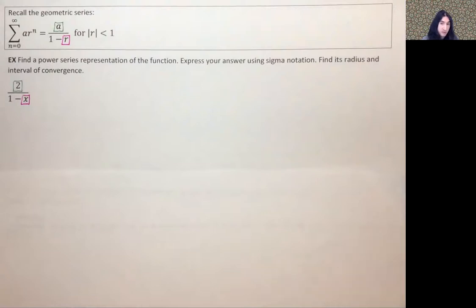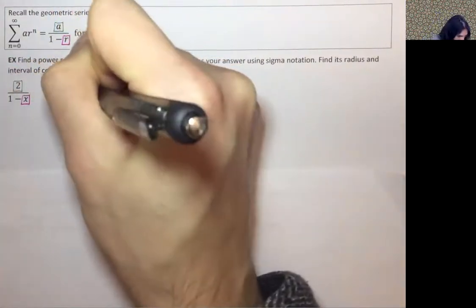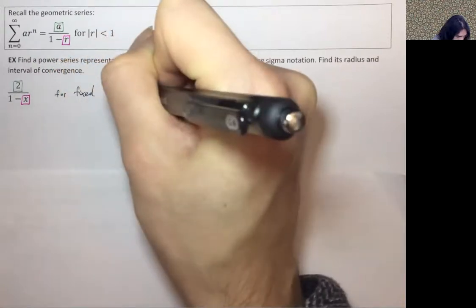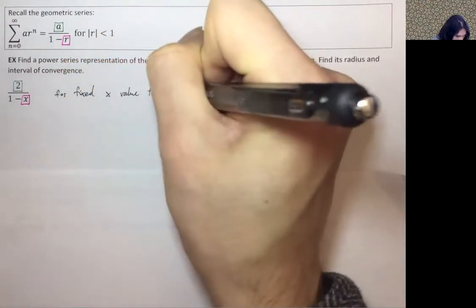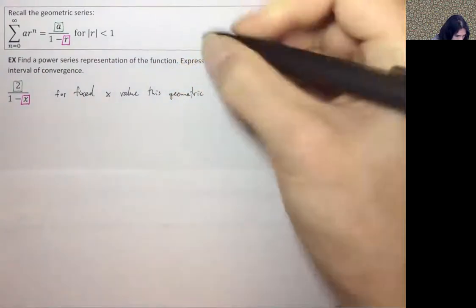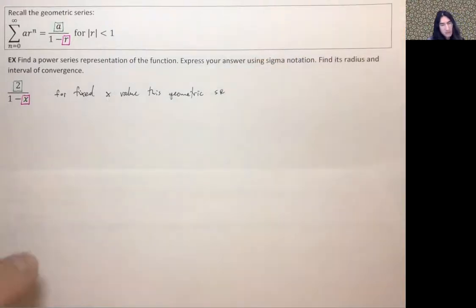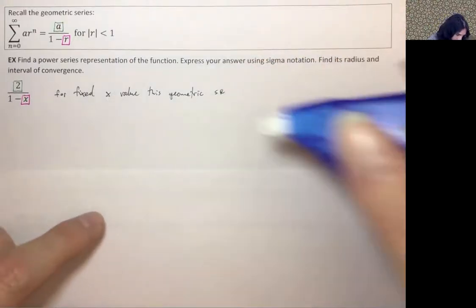So for a fixed x value, this is a geometric series. Or can be written as a geometric series, I should say.